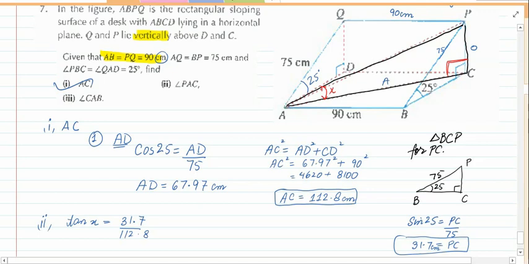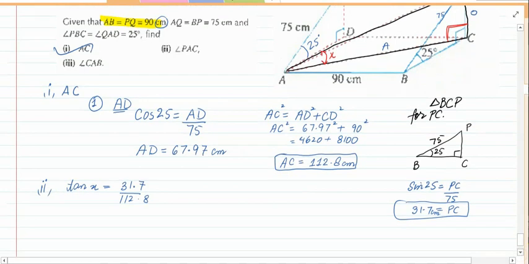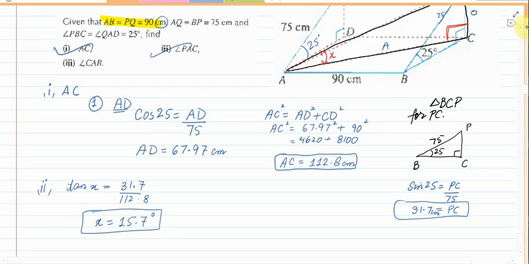Now 31.7 divided by 112.8 and then tan inverse, the value of X is 15.7 degrees, right? So that is the value of X. That means part 2. In the last part it says find the value of CAB, right? CAB.